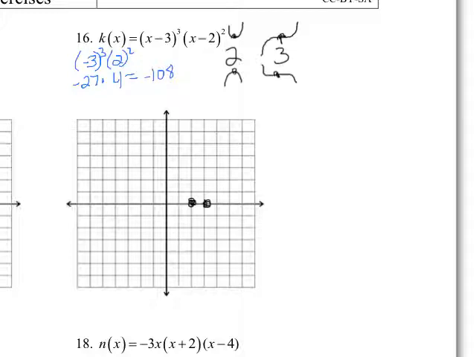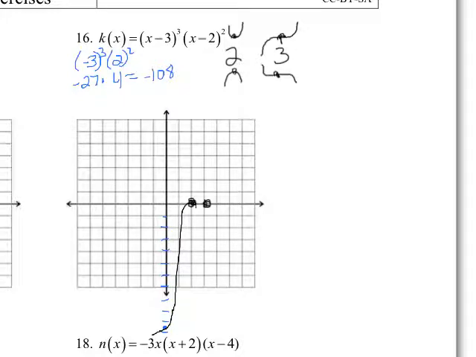So if we count by tens going down, 10, 20, 30, 40, 50, 60, 70, 80, 90, 100, 110, so way down there, we pass through a point right around -108. I notice that it is a positive leading coefficient, which means I need to start low. So I'm going to start down at the bottom of the graph. We're going to pass through this point.